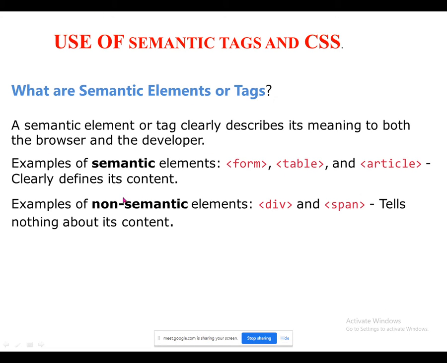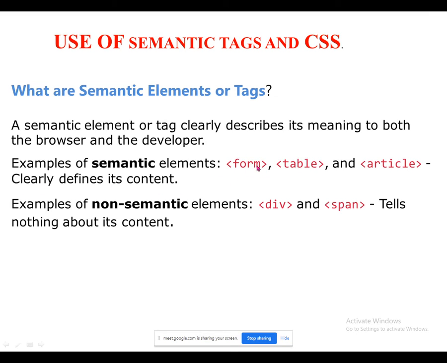That means in HTML5 or in HTML, there are a number of elements or tags we are using to create our web page. So all those tags are basically bifurcated into two types of elements: semantic tags and non-semantic tags. For example, just see form, table, article. Such tags give more information about their content. Okay, it clearly defines its content.